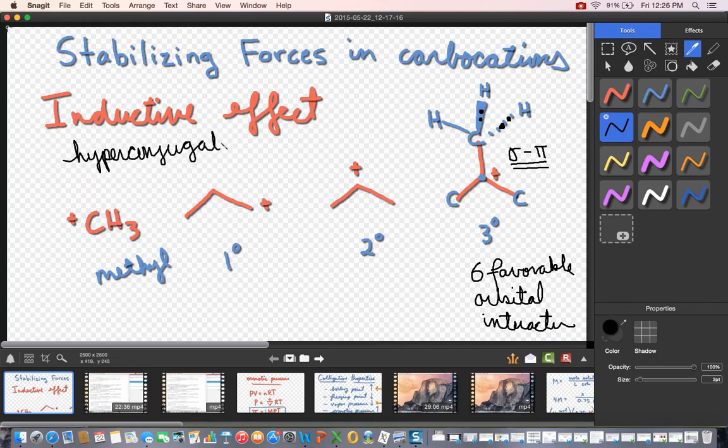Hyperconjugation is the scientific explanation for why a tertiary carbocation is more stable than a secondary carbocation, which is significantly more stable than a primary carbocation or a methyl carbocation. In fact, tertiaries and secondaries have been isolated in nature. Primaries and methyls have not. That's the inductive effect.